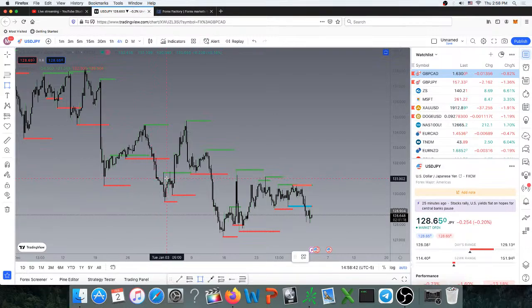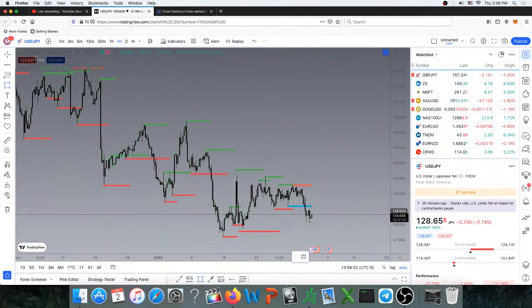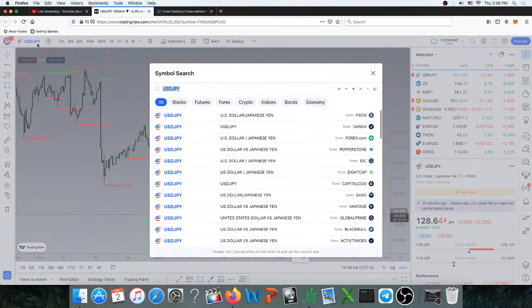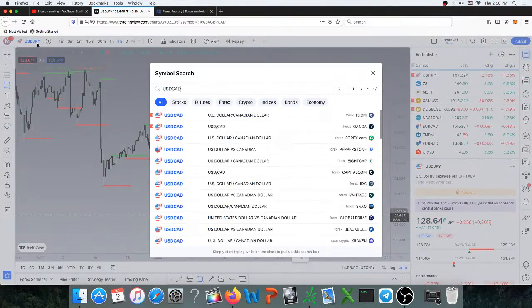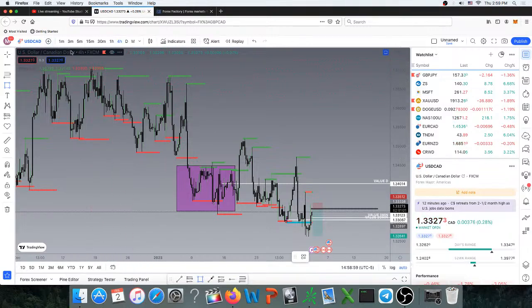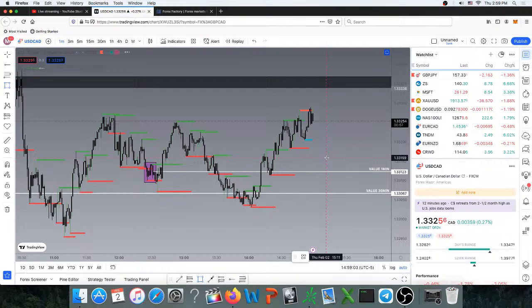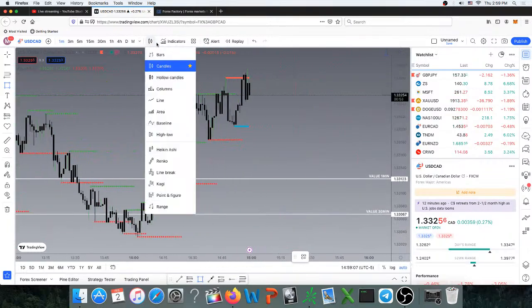Hold on, guys. All right. That's our USD CAD alert. Let's check that out real quick. We'll come back to this. Switch to color candles just for viewing purposes.